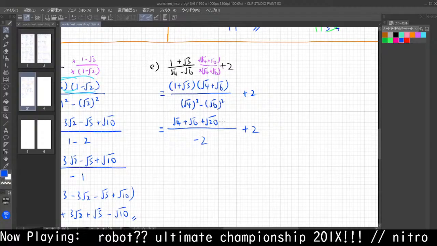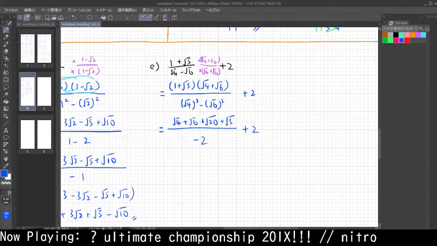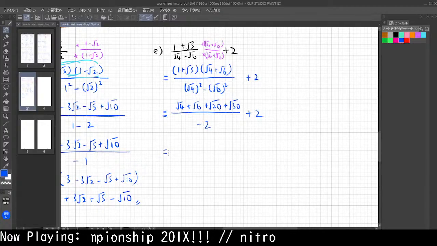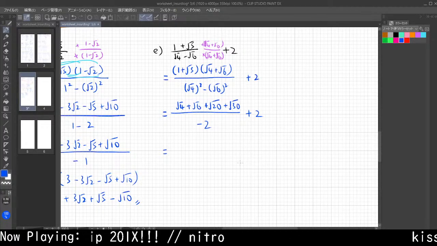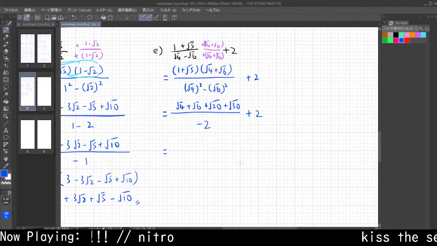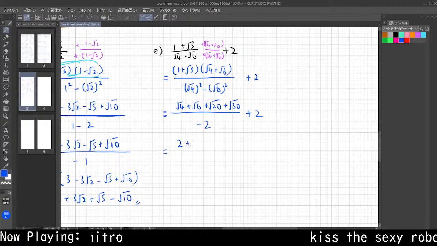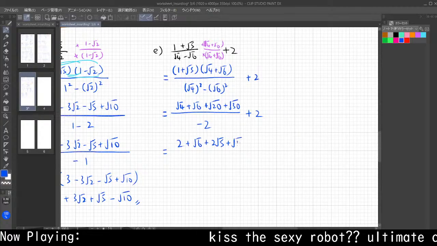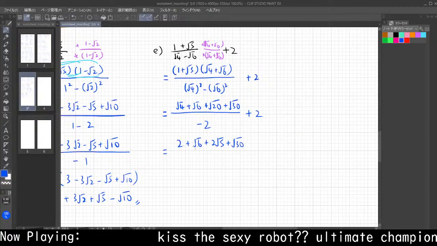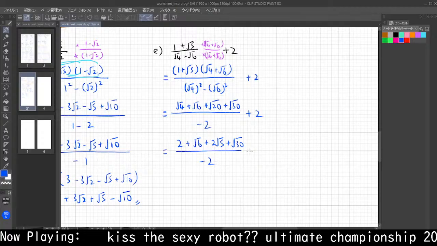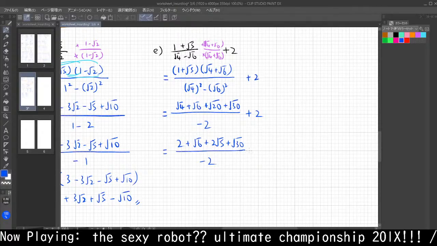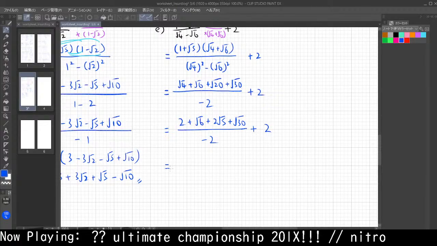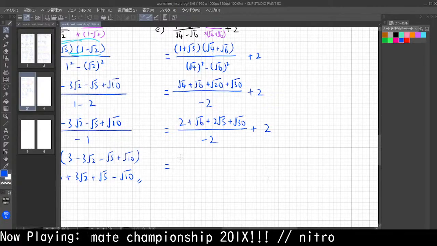Again, I'll go through the calculation without talking too much. Simplify whenever possible. Bring negative to top.